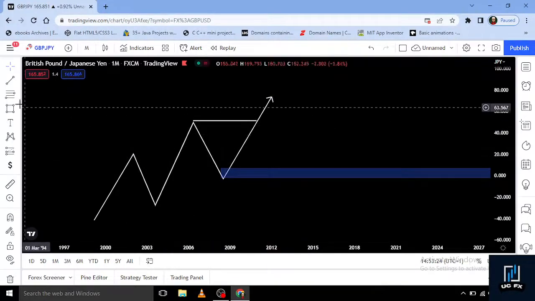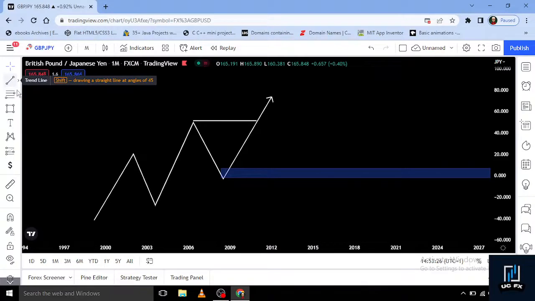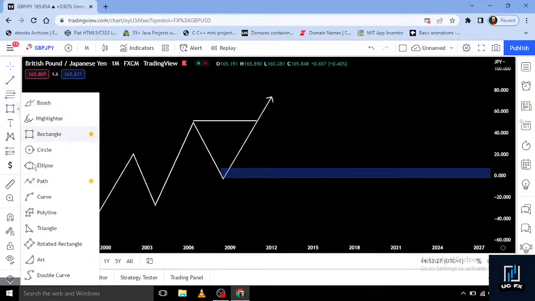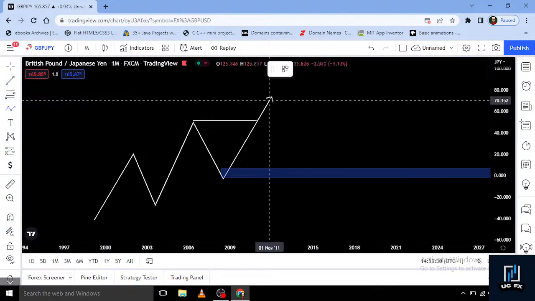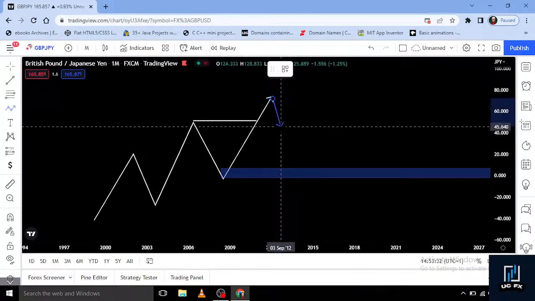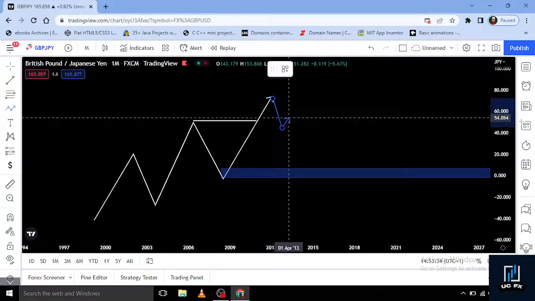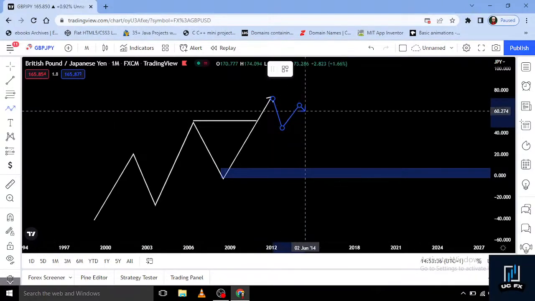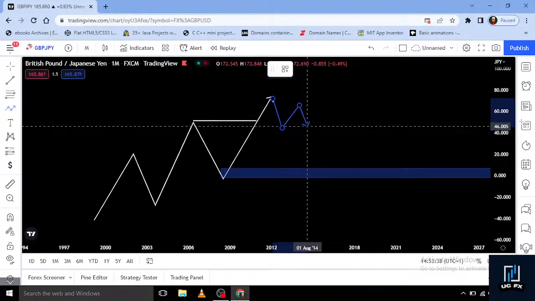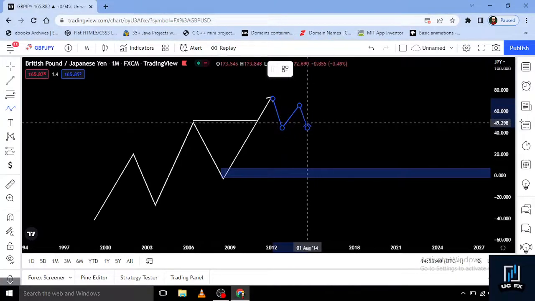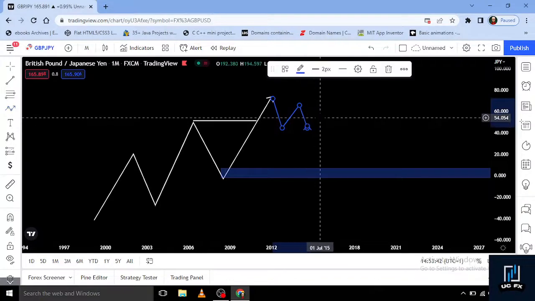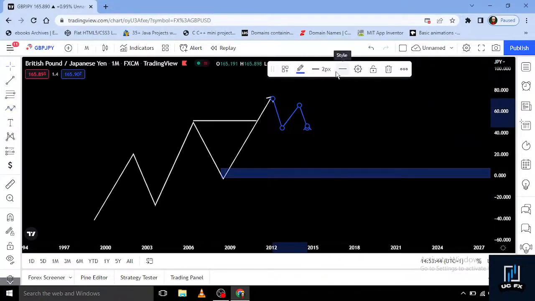Let's imagine this scenario happening in the lower time frame. Let's say the market does stuff like this, then goes back up, comes back down again, and remains in this zone. What do you think that traders will start doing?